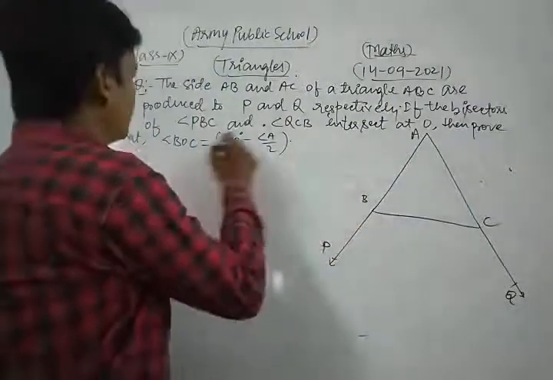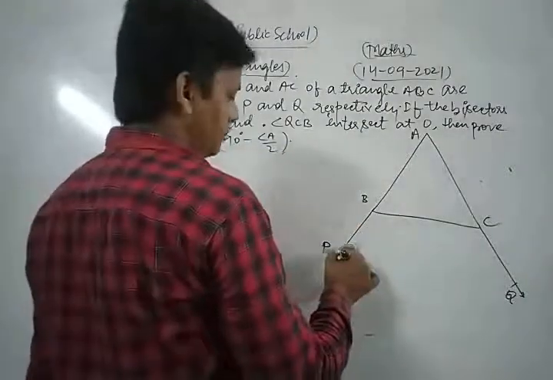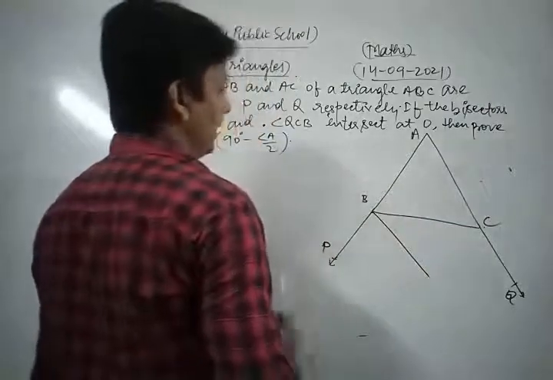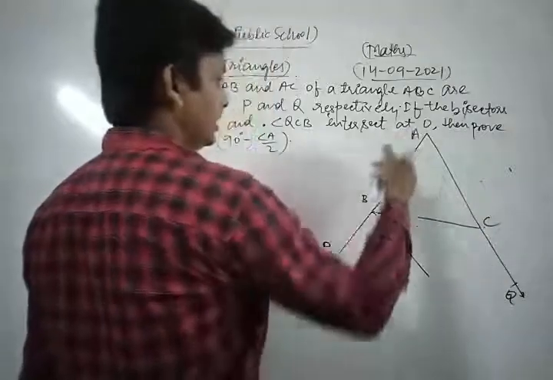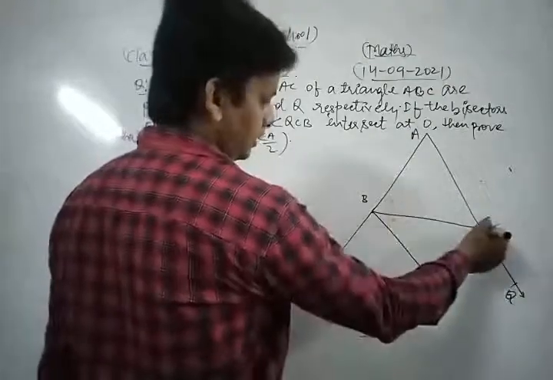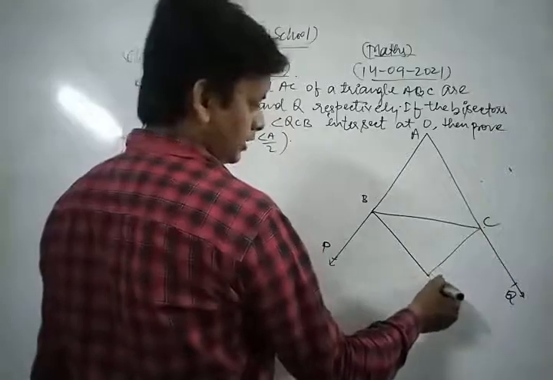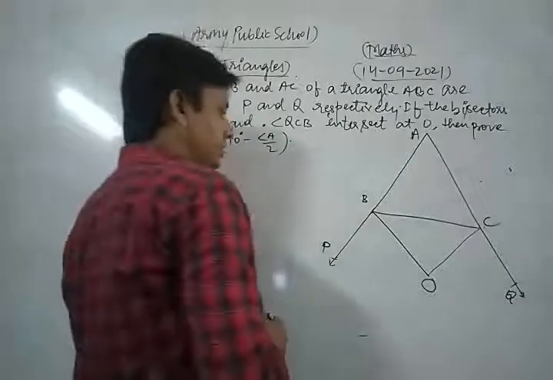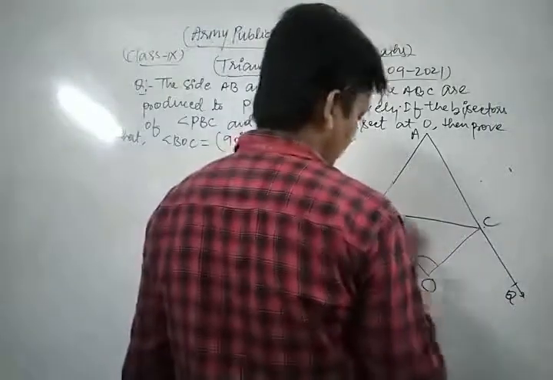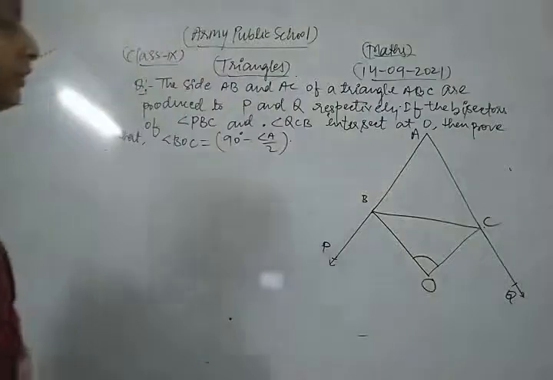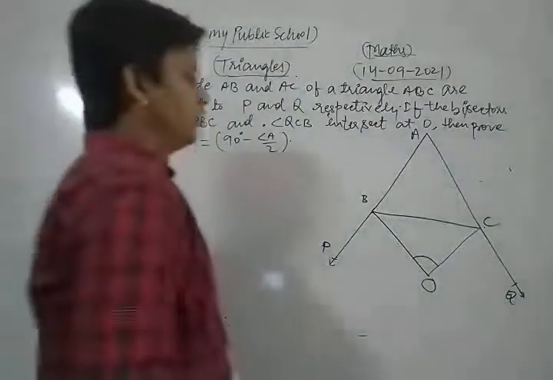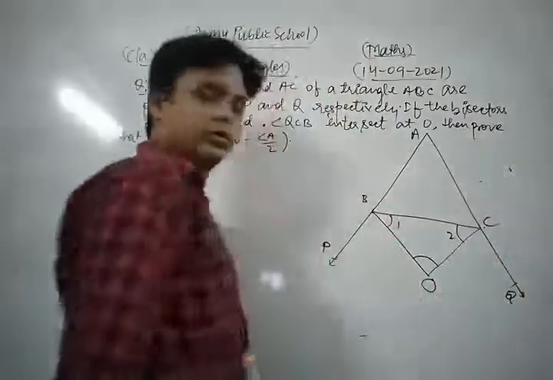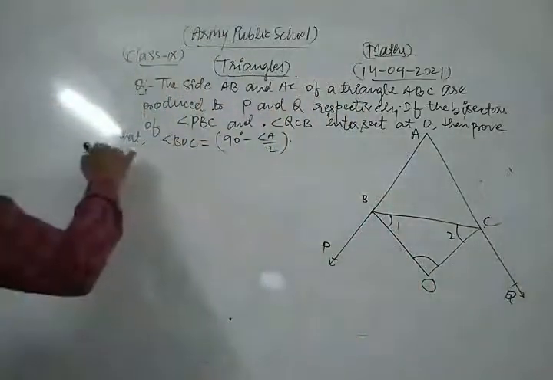Now, dear friends, the bisectors of angle PBC and angle QCB intersect each other at O. This is the question, and we have to show that angle BOC is equal to 90 degrees minus half of angle A. So for that we take this as angle 1 and this as angle 2.